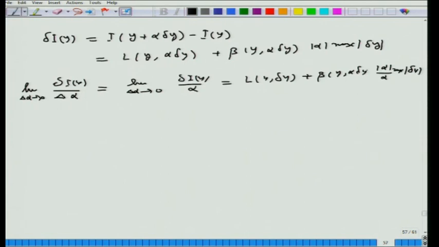And since this quantity is bounded, and this quantity goes to 0 since alpha tends to 0, therefore alpha delta y will tend to 0.